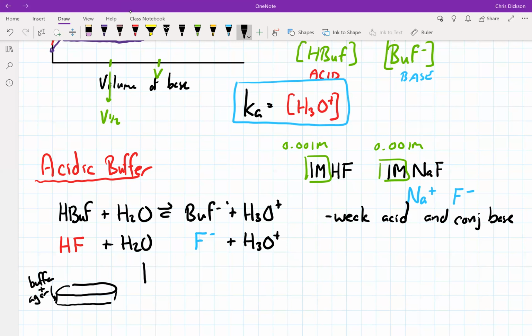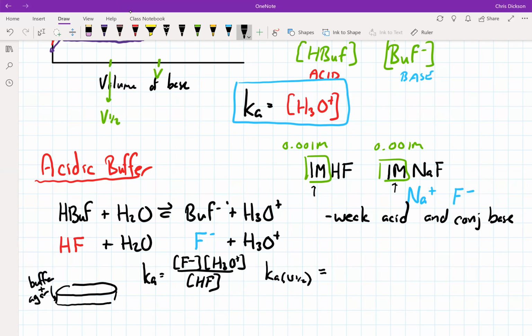Well, the Ka for this expression would be the concentration of the fluoride multiplied by the hydronium and divided by the conjugate acid, HF. Now, the way I've made this buffer, I put in 1 molar HF and 1 molar fluoride. So these two chemicals are at a concentration that's going to be at V half, so basically this would wind up being Ka at V half.